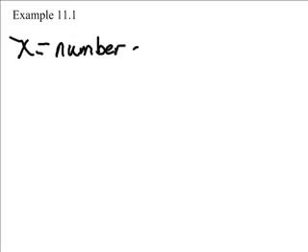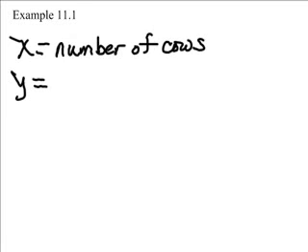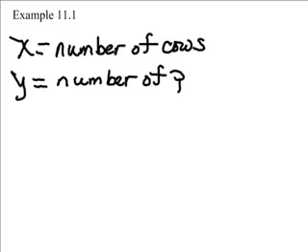So I'm going to begin by assigning variables to the number of cows, the number of pigs, and the number of sheep. Let x equal the number of cows, y equal the number of pigs, and z equal the number of sheep.